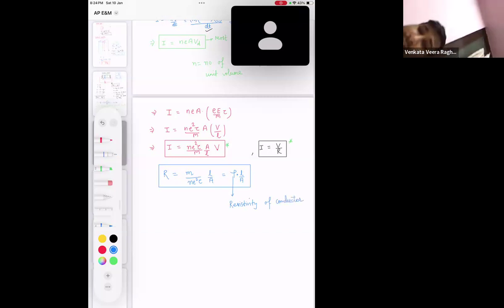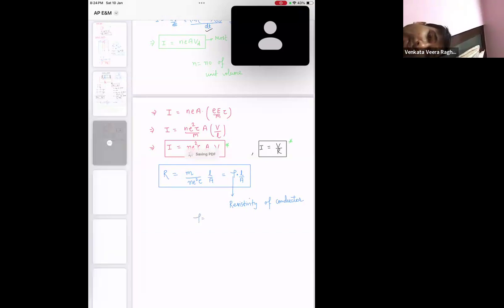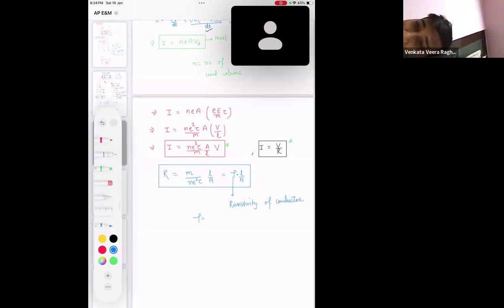And resistivity has one more form of writing. Conductivity, isn't it? Resistivity and conductivity, there is one more relation. What is that? Resistivity is the inverse of conductivity. Do you remember? Resistivity is what? Inverse of conductivity. Also, you can write resistivity as 1 by sigma as well.